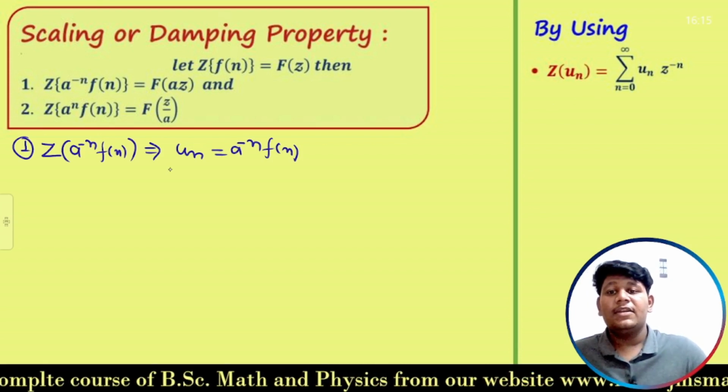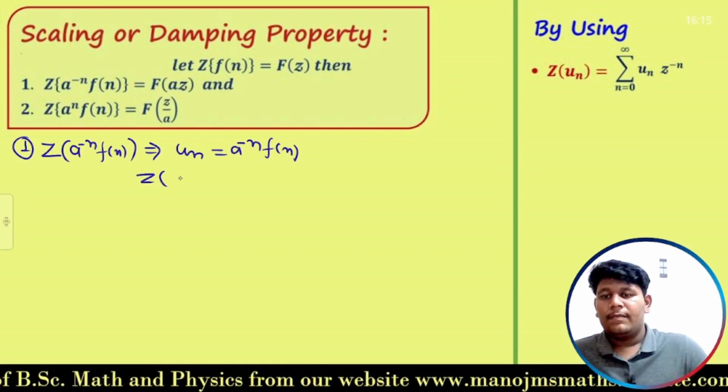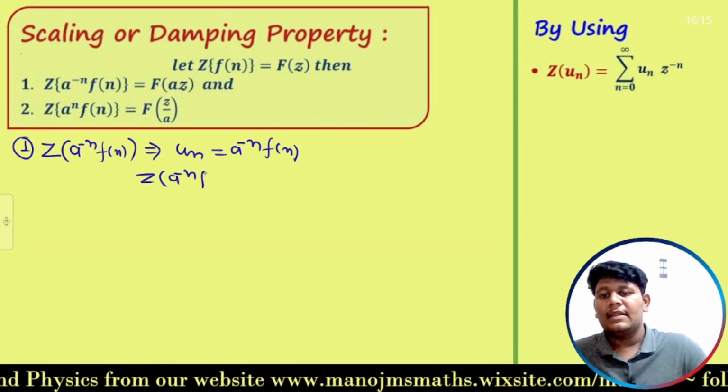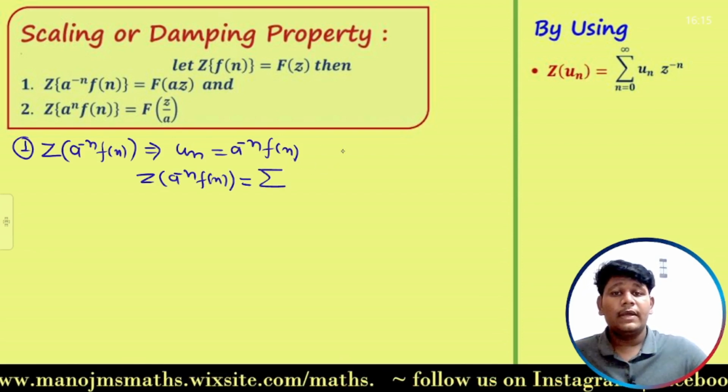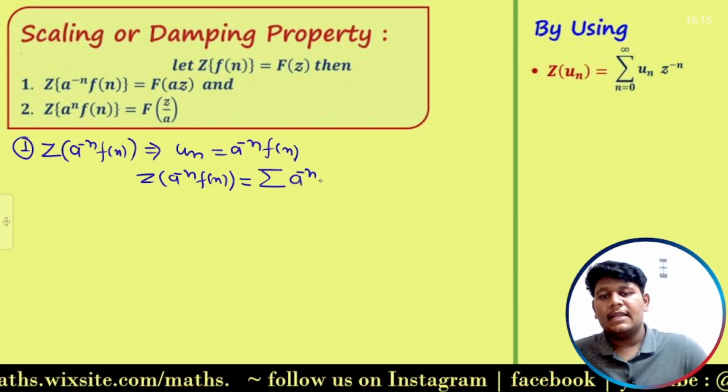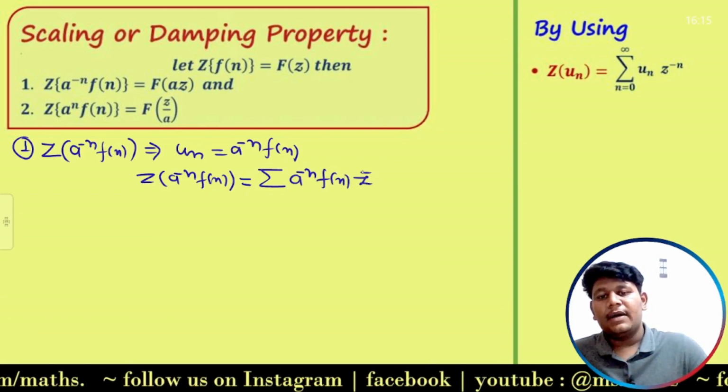By using the definition, the z transformation of a power minus n f(n) is summation of u_n, which is a power minus n f(n) z power minus n.